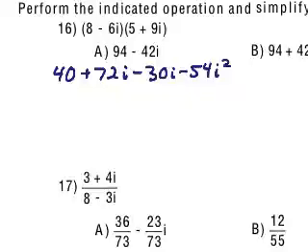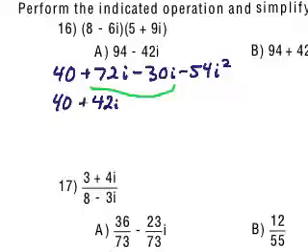Now we'll combine like terms. We'll keep our 40 the way it was, and then we have 72i minus 30i, or plus a negative 30i, which gives us 42i. And then we still have the negative 54i squared.